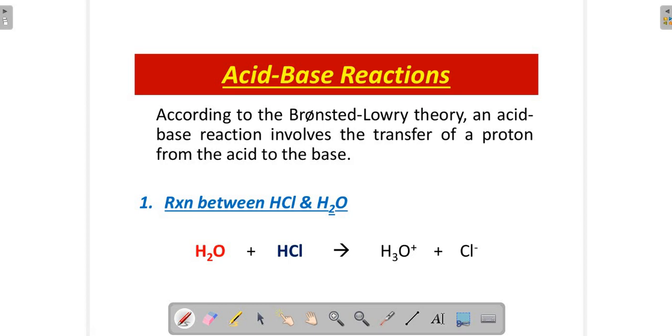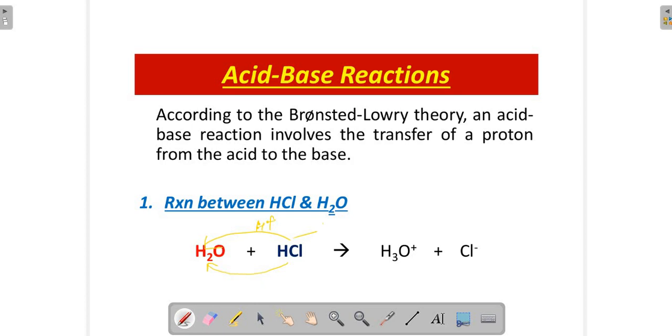Here you can see the reaction between HCl and H2O. In this case, HCl is donating the hydrogen ion and water is accepting the hydrogen ion from the HCl.